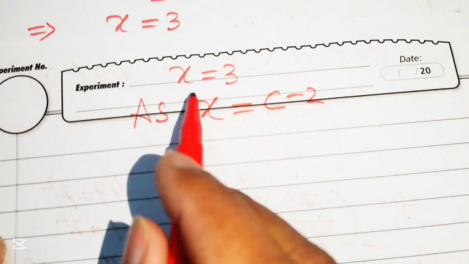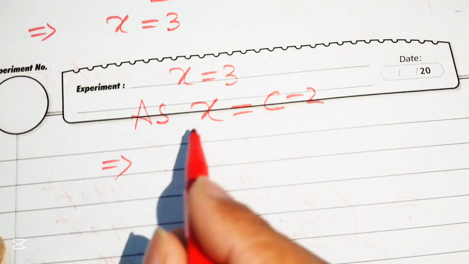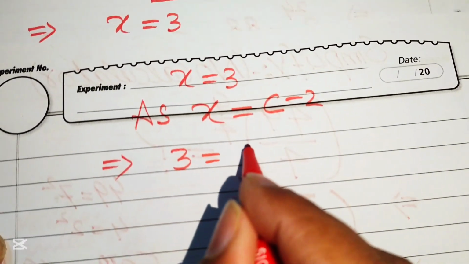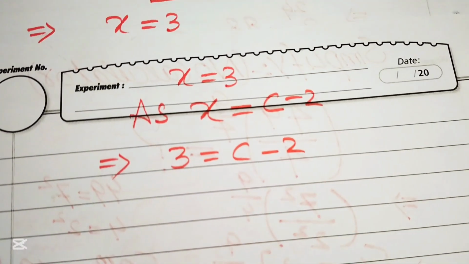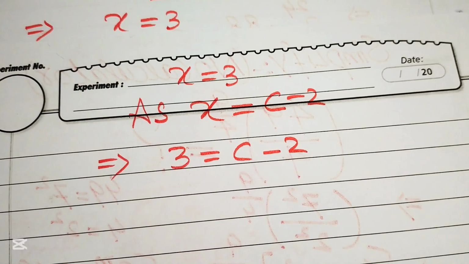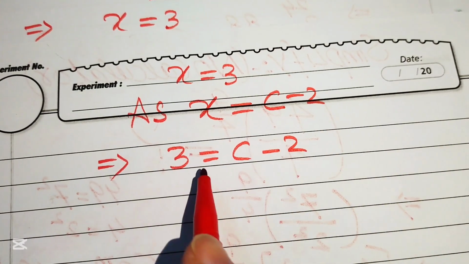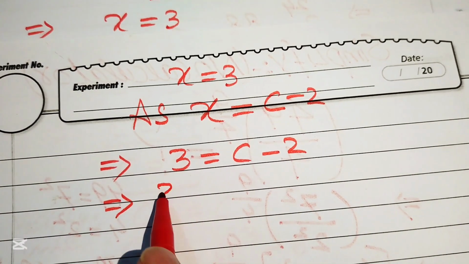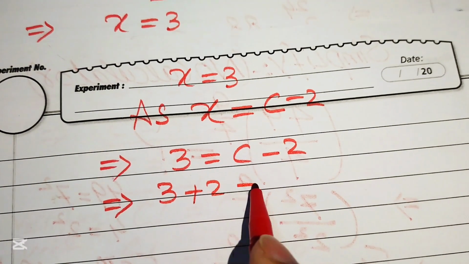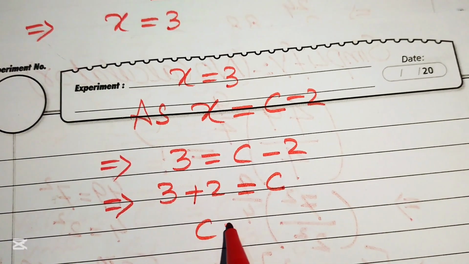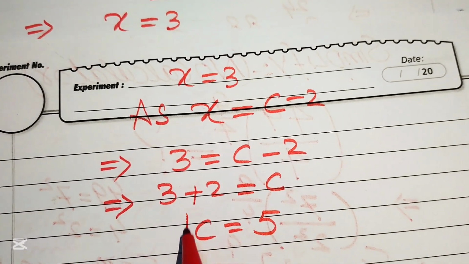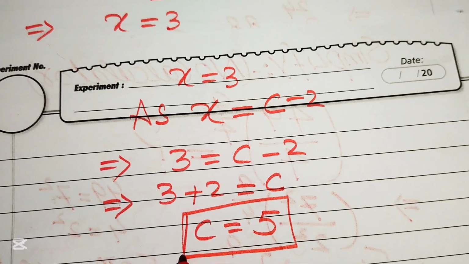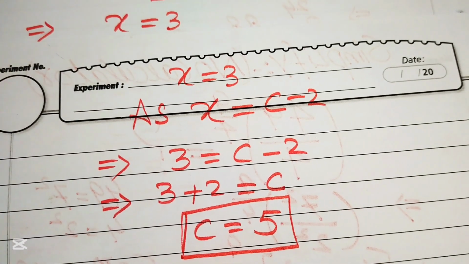When you put x equals 3 here, it is written as 3 equals c minus 2. In the next step, we move this minus 2 to the left hand side, and you get 3 plus 2 equals c, and you easily get c equals 5. So this is the final answer of this problem.